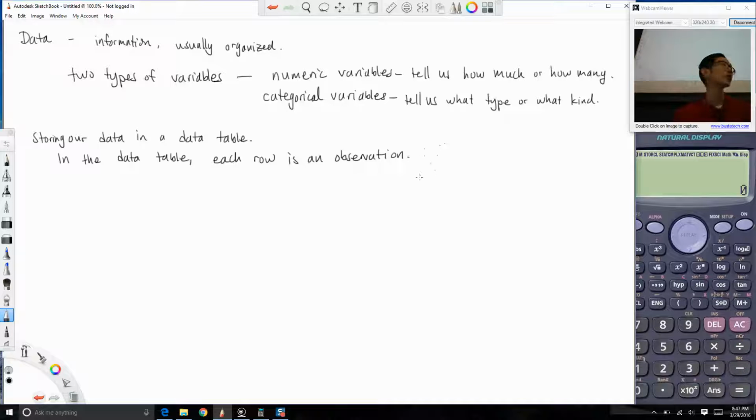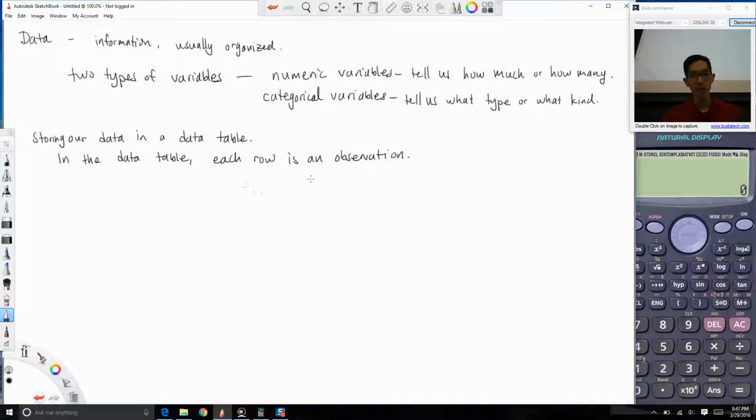If we've taken a sample, we denote the sample size with a letter: n is the number of observations that we have in our sample. n is our sample size.